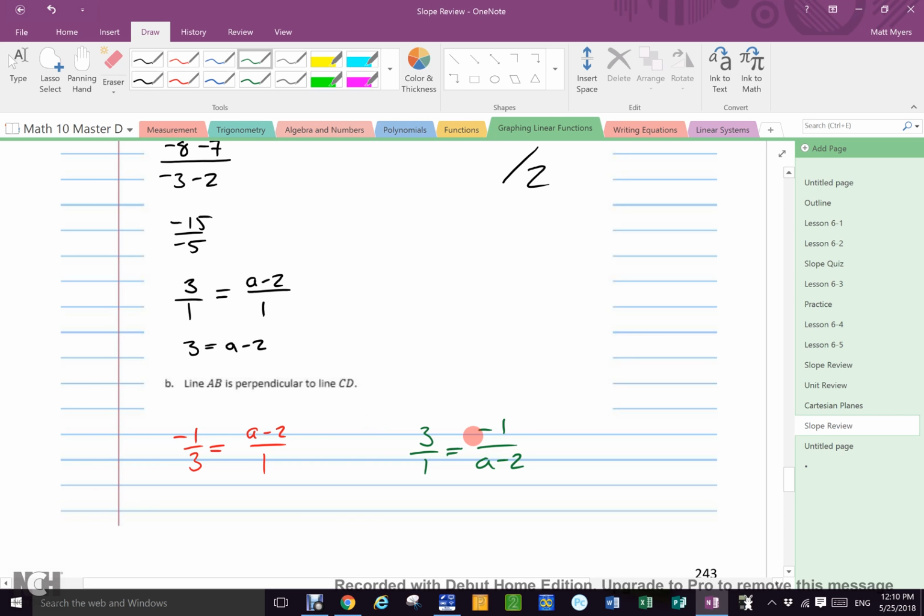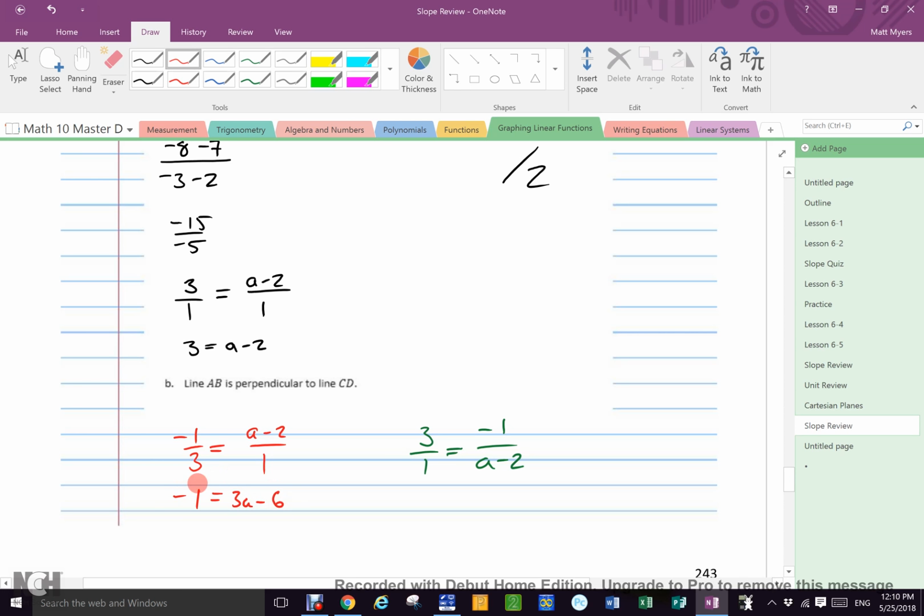Okay? Because in this one, I reciprocated the rise and run. And on this one, I reciprocated the slope. Doesn't matter which I do. They come out with the same answer, which is negative 1 equals 3a minus 6. Shouldn't have done that in green. Negative 1 equals 3a minus 6.